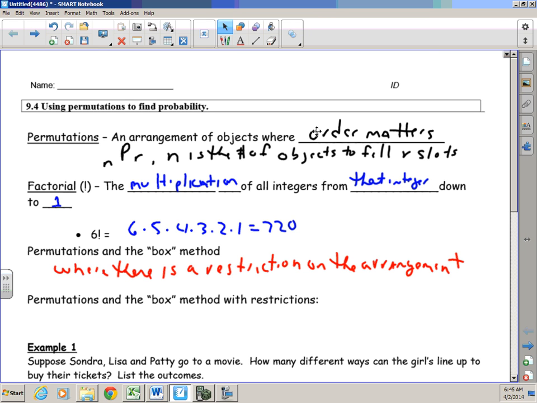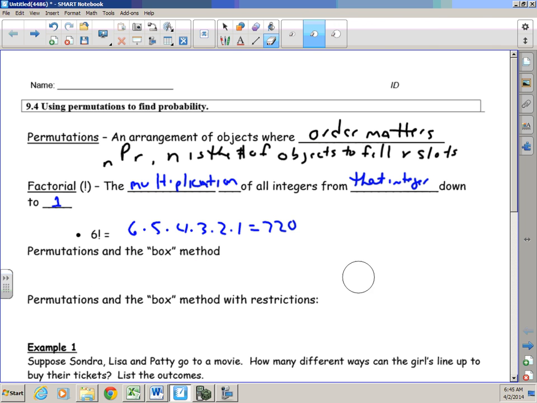Now, this will make a little bit more sense when we go through examples. And actually, what I'm going to do is just put down here permutations in the box method with restrictions. That definition should go down there.